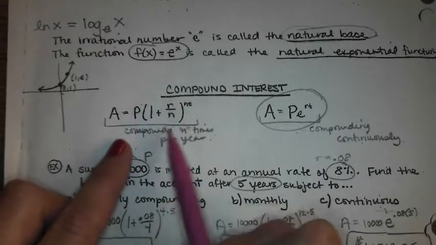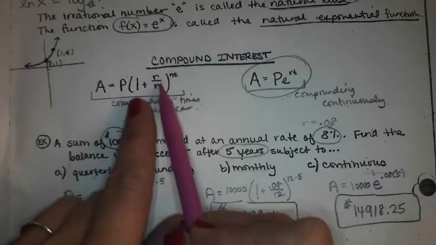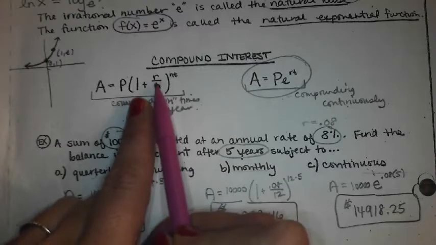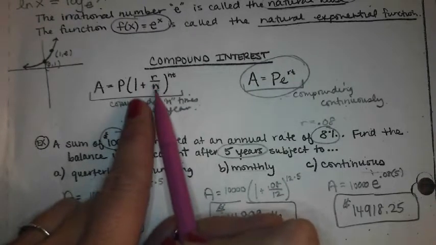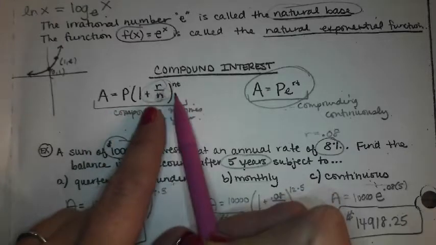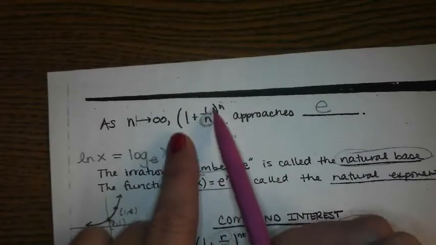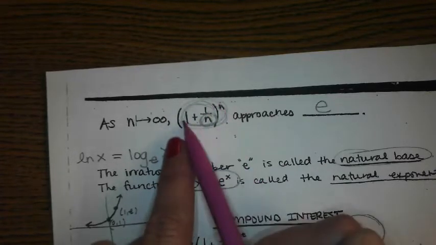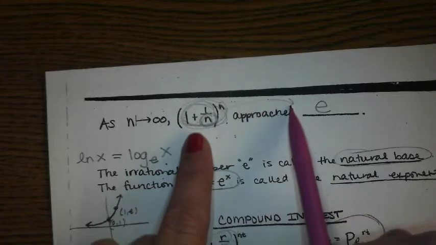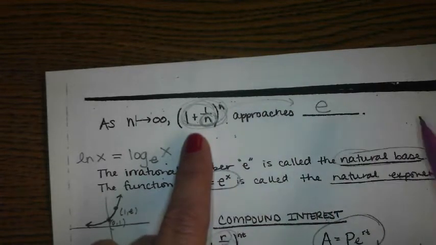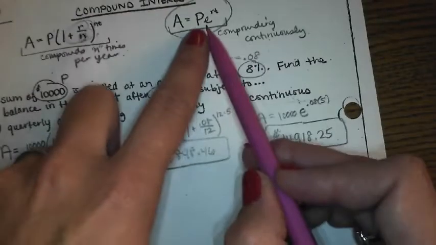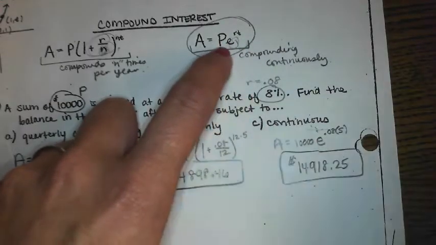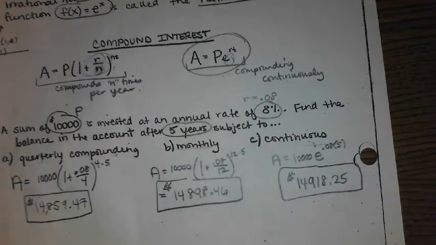As we continue to compound by quarterly, 4, monthly, 12, weekly, 52, daily, 365, as this n value approaches infinity, take this portion of that function, and as n approaches infinity, this number approaches Euler's number. And therefore, when we get to continuously compounding, we just straight up use a base of e. Because we're compounding constantly, so an infinite, essentially, number of times.